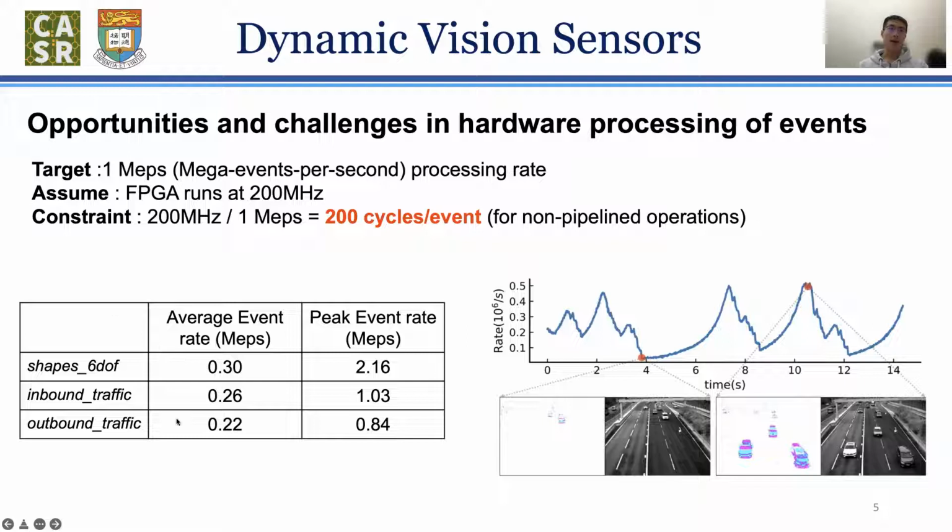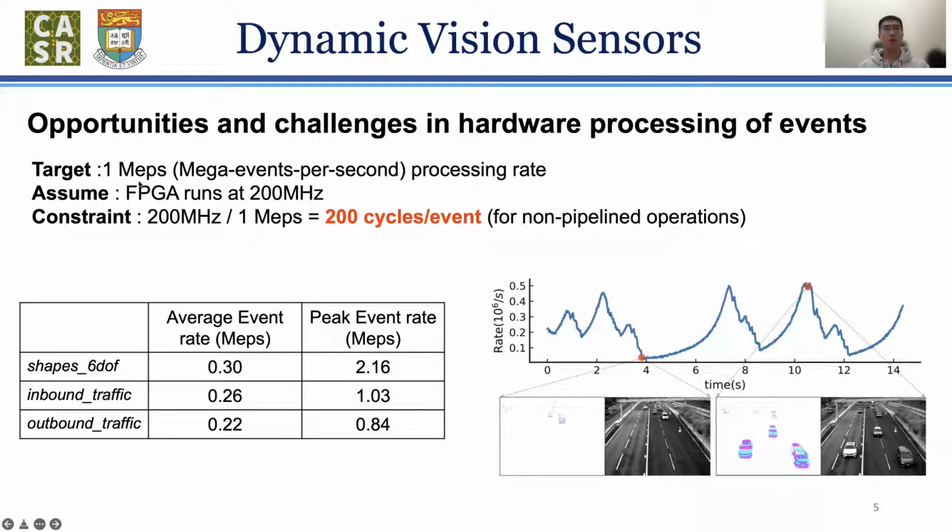And here is a table of statistics of our datasets. We have 3 datasets, and all the average event data rates are less than 1 mega event per second. However, the peak event data rates can be as high as 2 mega events per second. Usually, for a commercial event camera, the events are time-stamped in microseconds.